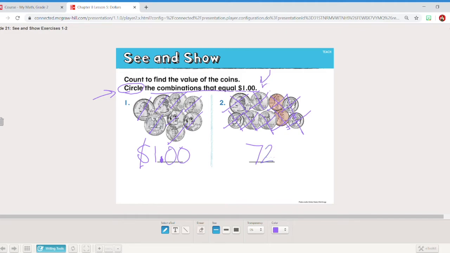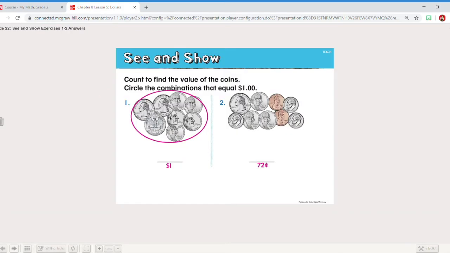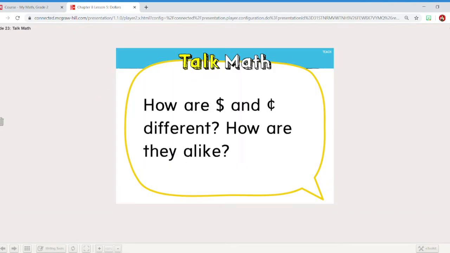Now, when we're doing cents alone, we are going to put 72 cents, but we can always get in that habit of putting a decimal. I'm going to put a decimal before it. We don't have any dollars, so if you want to put $0 and 72 cents, that's totally okay, and it will get you in the practice of using that decimal. And now that we have those, let's move on and see what it says. Well, we got it correct.